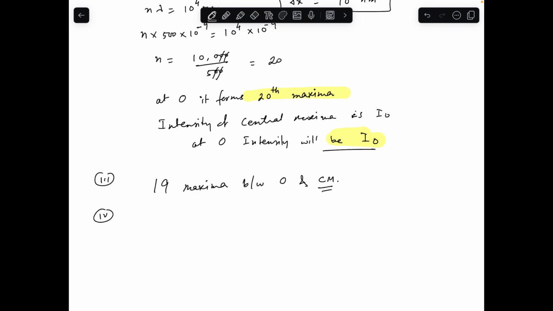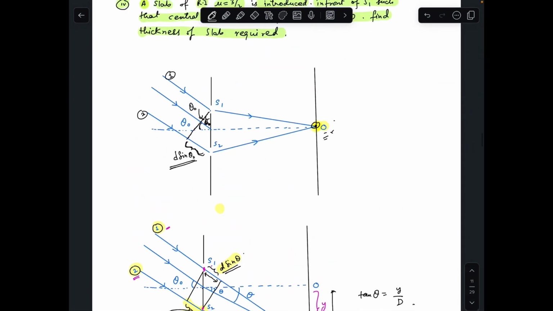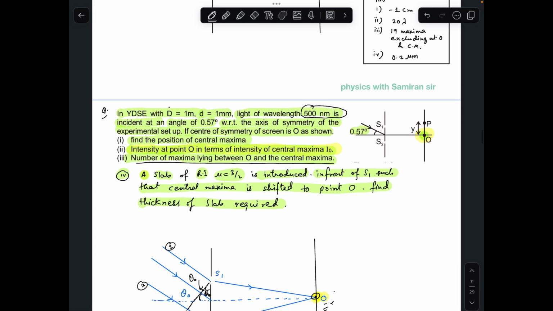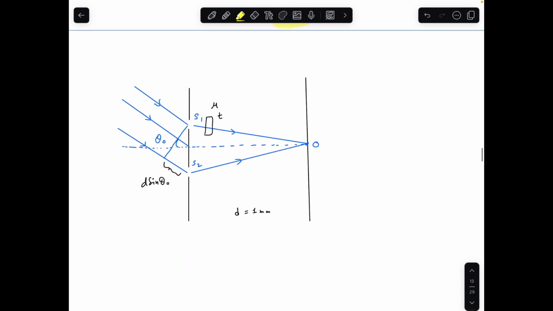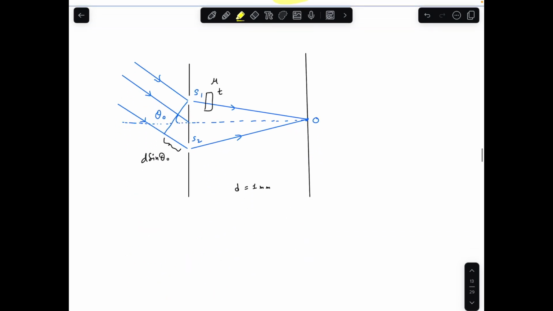Fourth question they told that a glass slab of refractive index mu equal to 3 by 2 is introduced in front of S1 such that central maxima is shifted to point O. Find the thickness of slab required. Correct. So you can see this diagram.